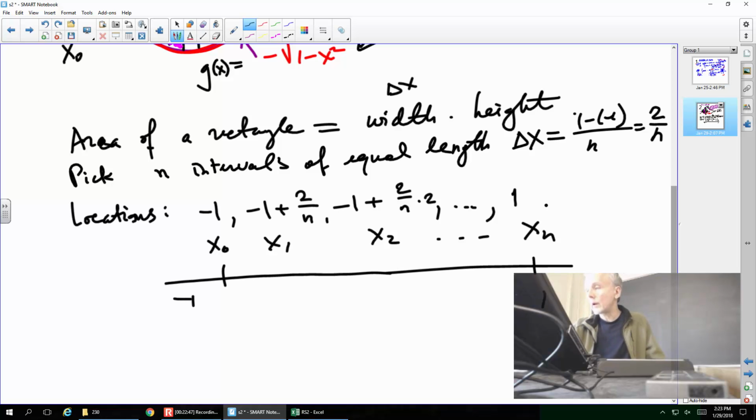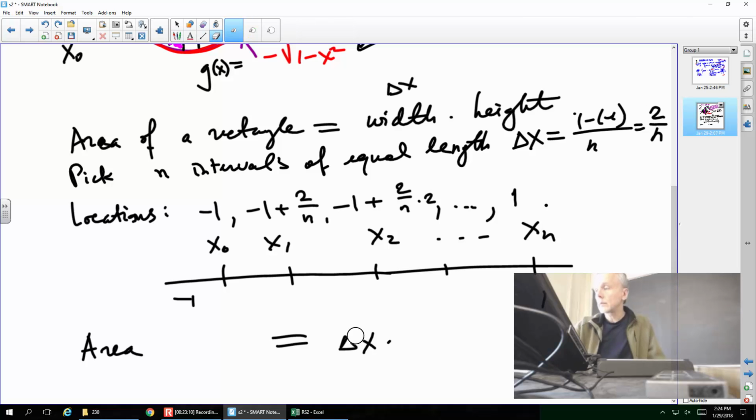Okay, and then we're cutting it like this into as many pieces as necessary. It could be any number. Okay, so then the area is once again the width delta x multiplied by the height. The width we already know, it's 2 over n.